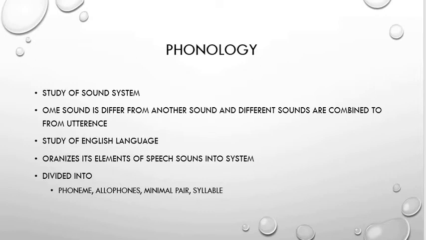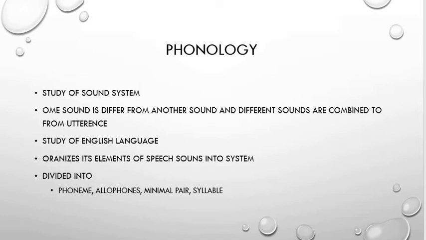The second one is allophone. The variation in the sound of the same phoneme is called an allophone. For example, the sound of R in water and R in rat.